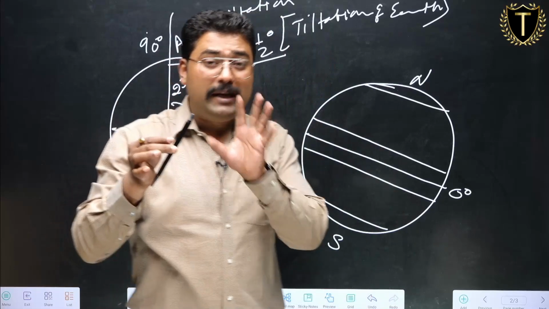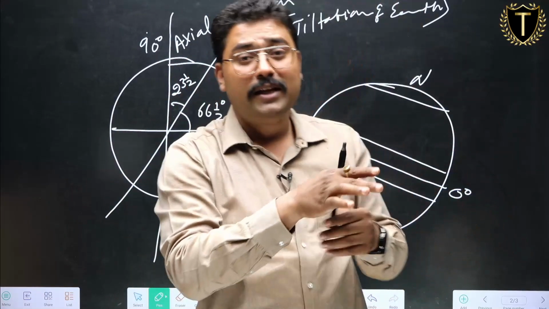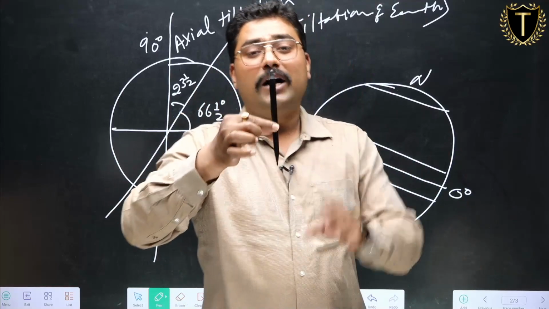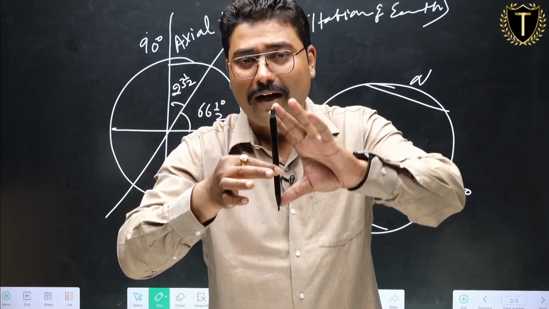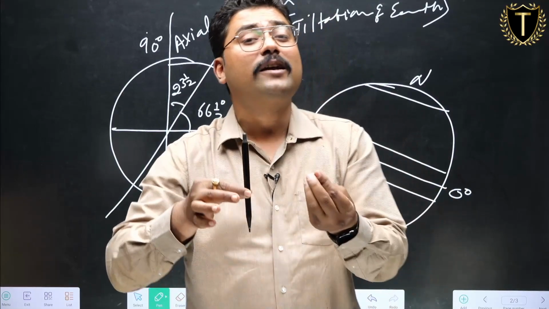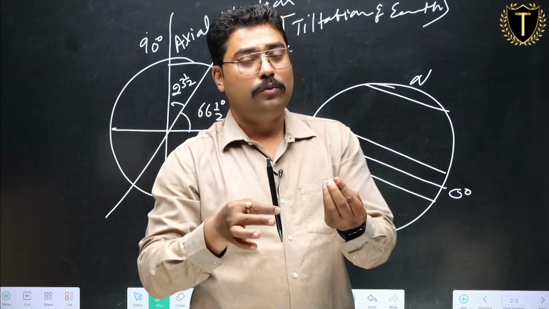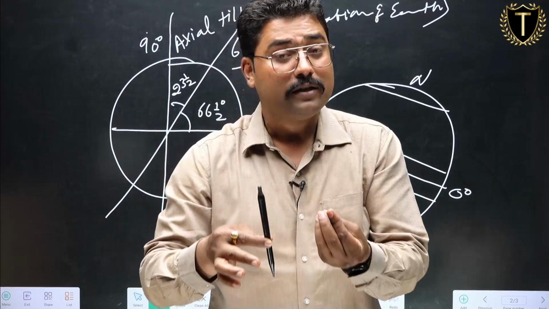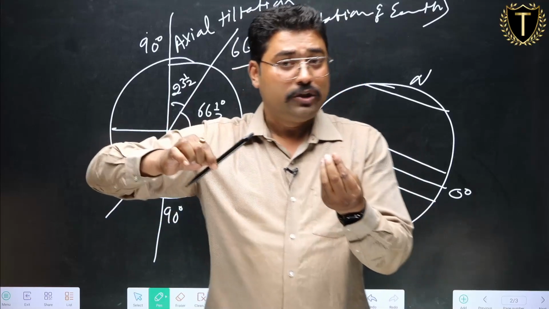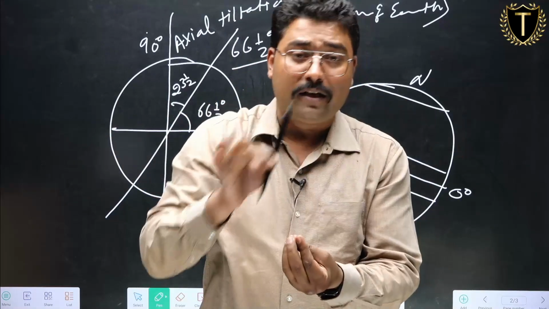Understood? Means if we ask another type of question, that instead of tiltation or inclination, the Earth should be straight, how many seasons will there be on Earth? You will answer 2, no. There will be only one season. Why? Because practically there are 2 seasons due to inclination, that is one summer and another winter.